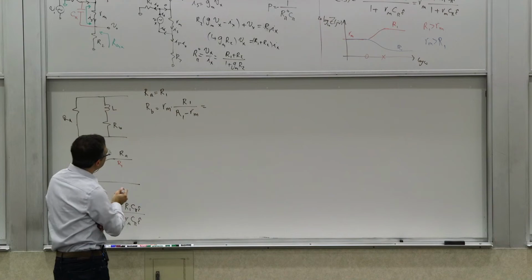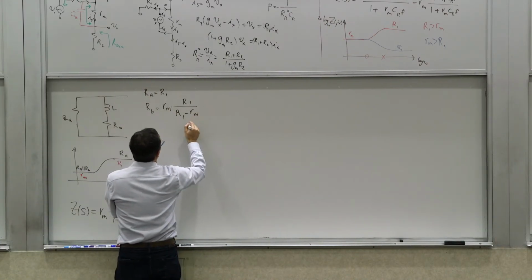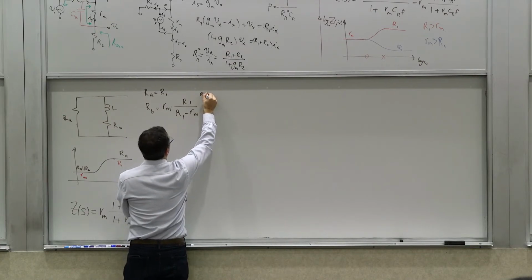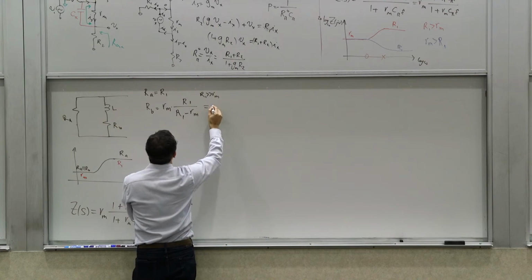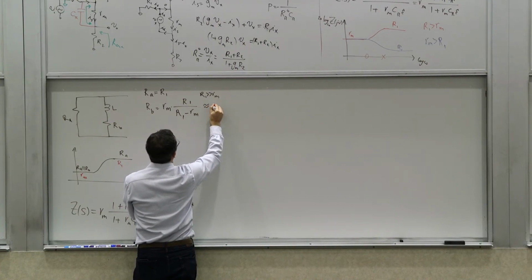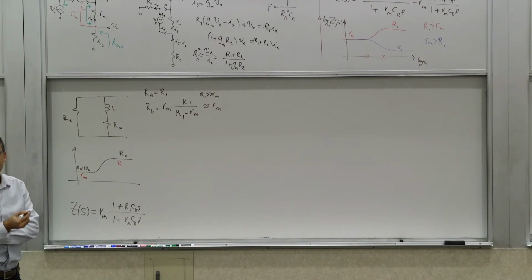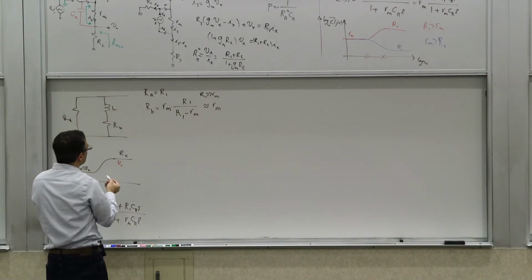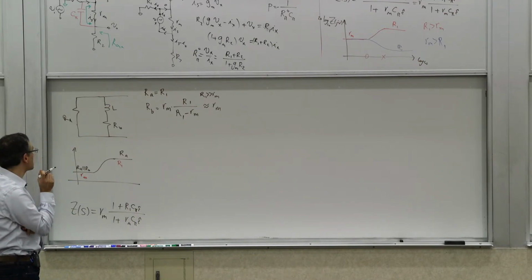So you can write it exactly like this. But if R1 is much greater than Rm, then you can ignore this thing, so it becomes roughly Rm. It's a simple algebraic problem, one equation, one unknown to solve. So you do that, and you get RB equals Rm.